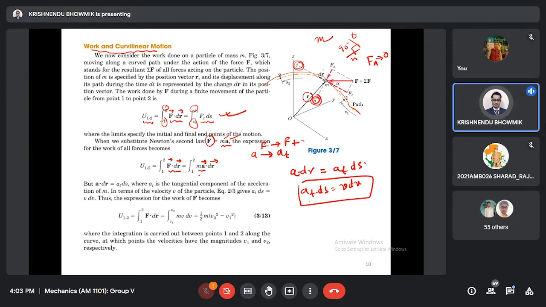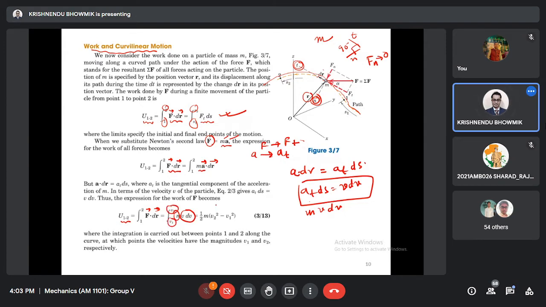So we replace this in U12: m is common, and A dr becomes At ds, which is v dv. So it is m v dv, with the limits of integration v1 to v2.